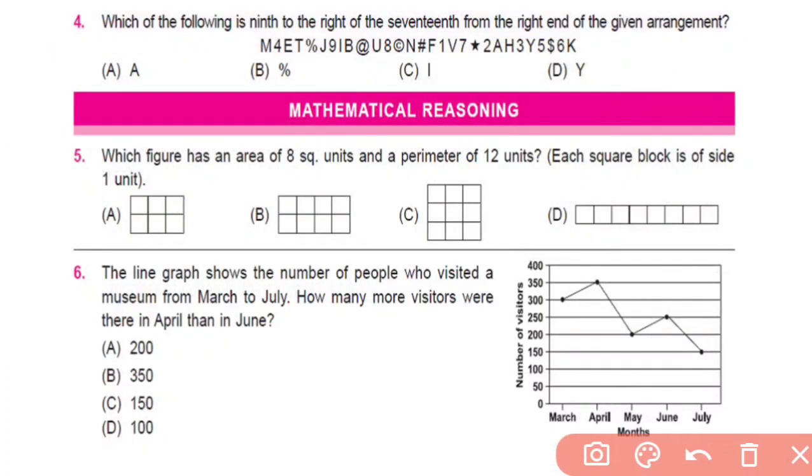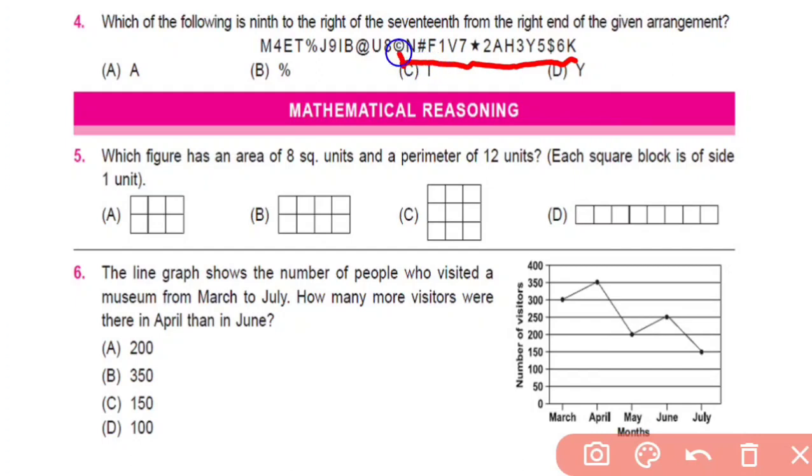Question number 4. Which of the following is 9 to the right of the 17th from the right end of a given arrangement? First we check the 17th number from the right end. 1, 2, 3, 4, 5, 6, 7, 8, 9, 10, 11, 12, 13, 14, 15, 16, 17.